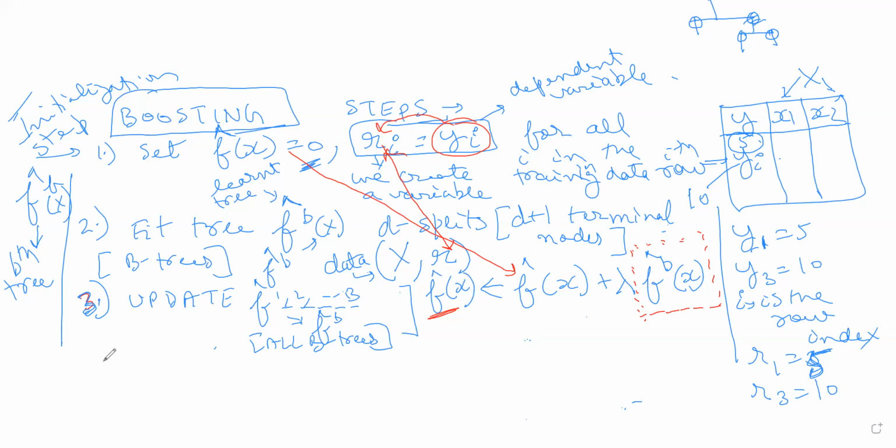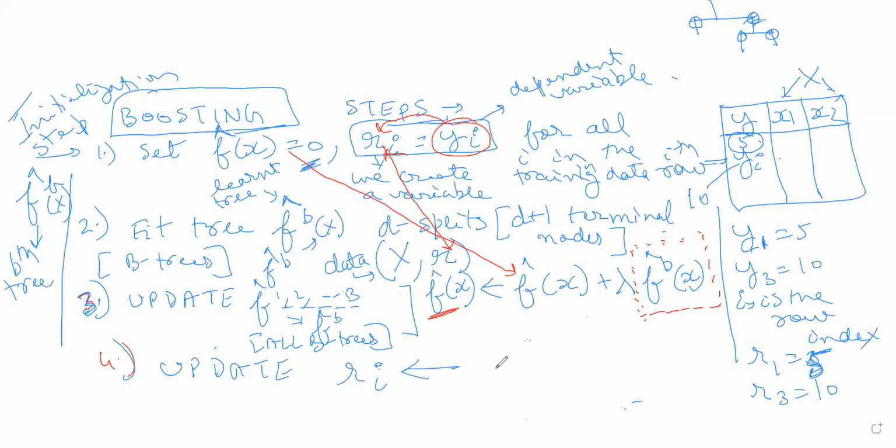Then what do you do? You do another updation rule. The updation rule is on the R update. I'm going to explain it once more. Don't worry. I'm going to say Ri is also updated.